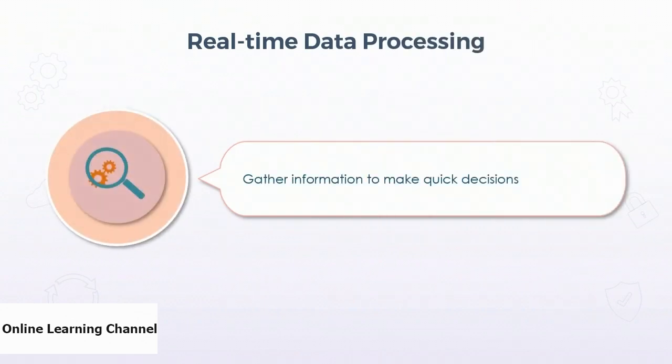Real-time data processing is great for gathering information to make quick decisions. So you don't want to wait 12 hours, 24 hours for a batch of records to be processed and reports to be generated, right? We want to do it quick, so we need real-time data processing. Most organizations use some form of batch data for different aspects of their business.